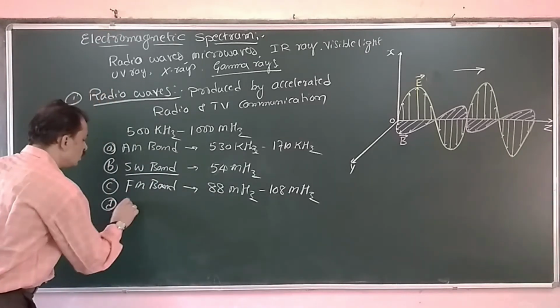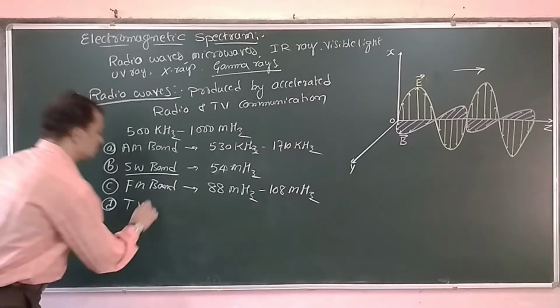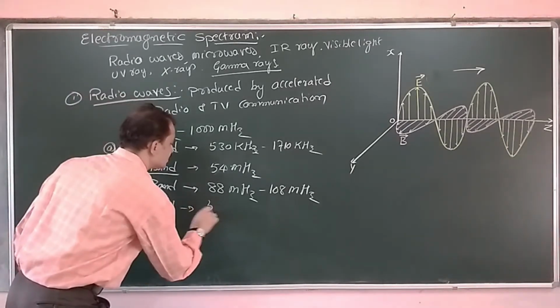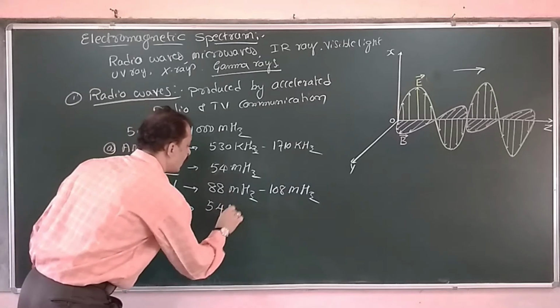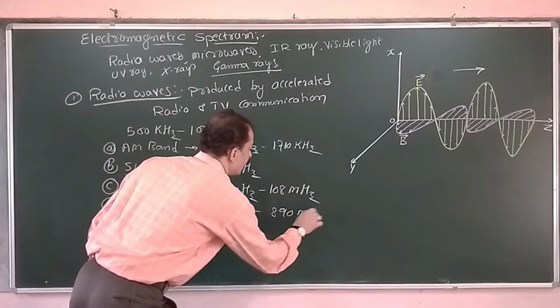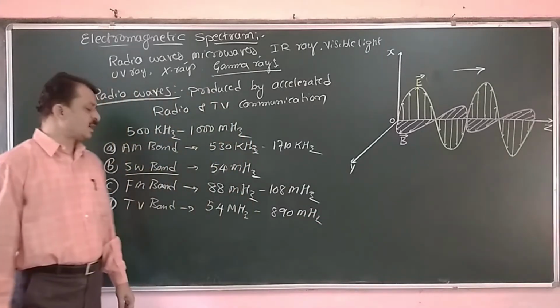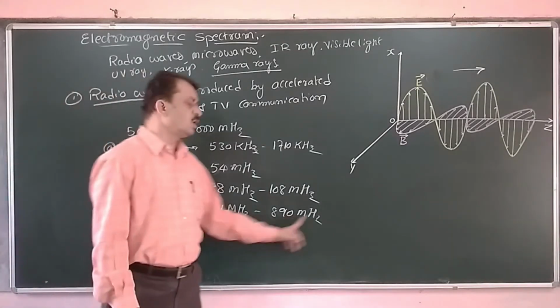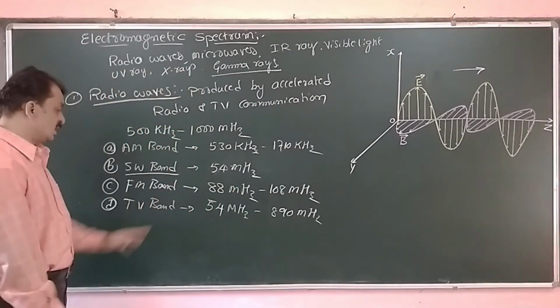Then we have the TV band. It has a frequency range of 54 megahertz to 890 megahertz. All the television bands have frequencies from 54 megahertz to 890 megahertz.